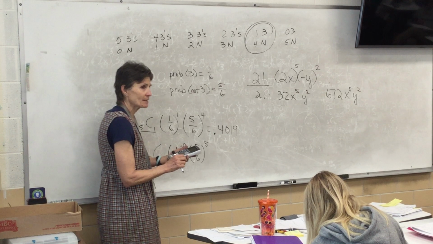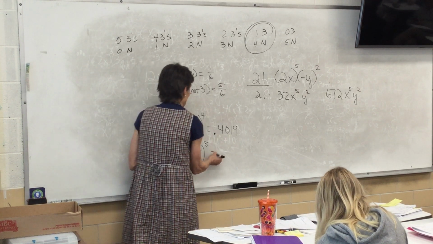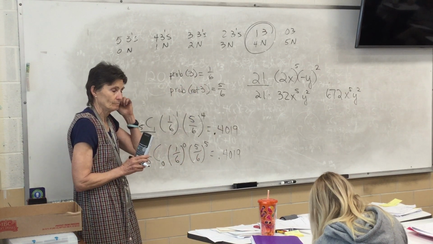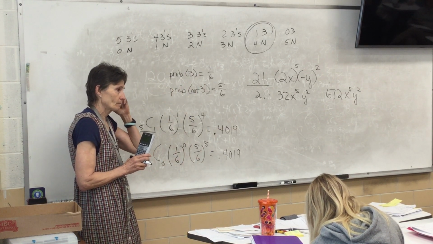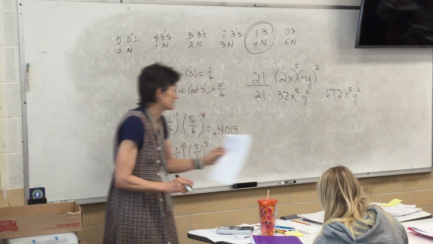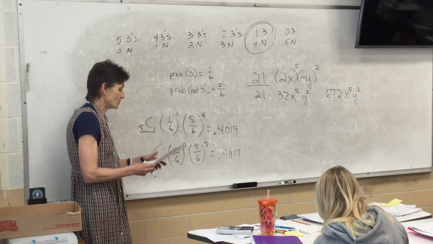Did you get the exact same answer? It's kind of cool. Coincidence. I mean, there's a reason it happened, but it's just the way the triangle is situated, the numbers I'm using.